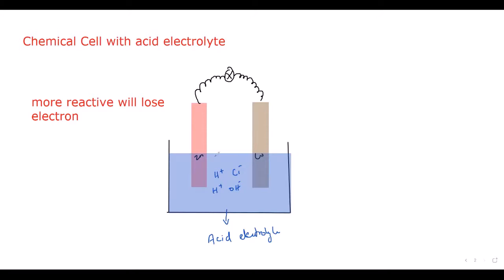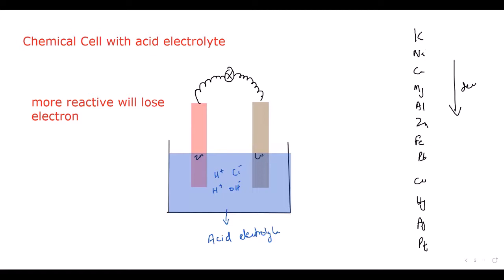Which metal will lose electrons first or turn into ion? When we write the reactivity series, it is potassium, sodium, calcium, magnesium, aluminum, zinc, iron, lead, copper, mercury, silver, gold, and platinum. As we go down in the series, the reactivity is decreasing.